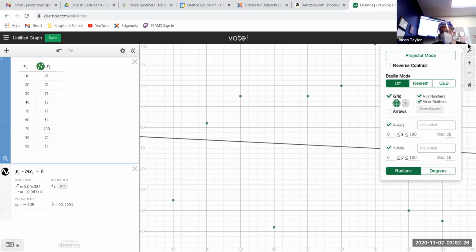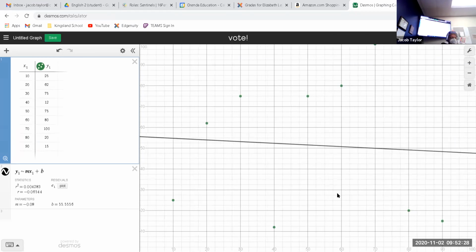Let's do that. So this is an example of a weak correlation. You can see that our r value is negative 0.065, which is pretty lousy. I typed in a number wrong.